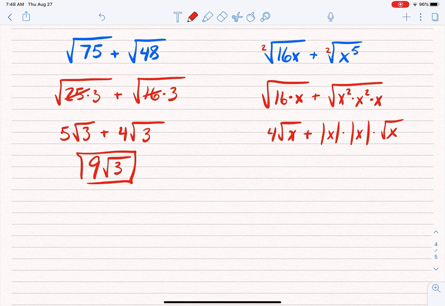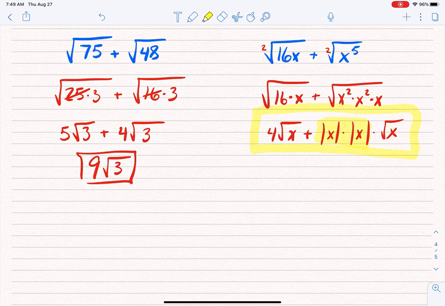Now at this point, whether x was positive or negative, when I multiply it by itself, I would get a positive. So I don't have to write the absolute value of x. This is kind of a step that would not need to be written because this would be known. When x came out, because I have to then multiply it by itself, even if it was a -3, when it comes out, it's going to be a -3 times a -3 on the outside. That's going to make it positive.